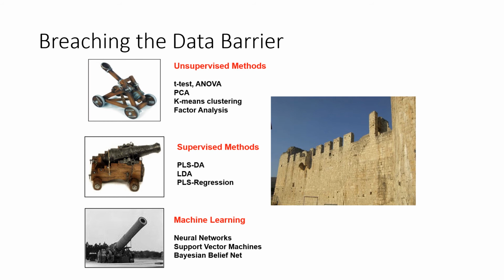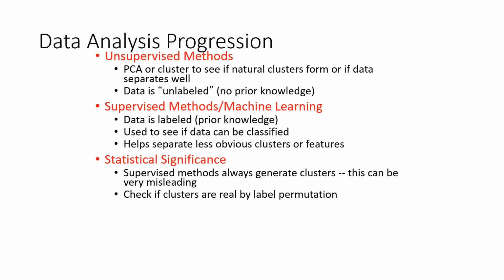But there should be a progression. And typically the progression is always begin with the unsupervised methods, use PCA and clustering and t-tests and F-tests to see if natural clusters form, if there's statistically significant metabolites that distinguish things. Work with unlabeled data. Don't bias it. If you start seeing some trends, you're noticing some things that are significant, then you can start bringing in the supervised methods.